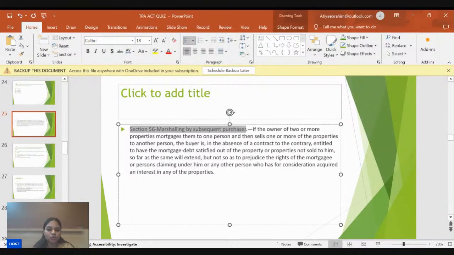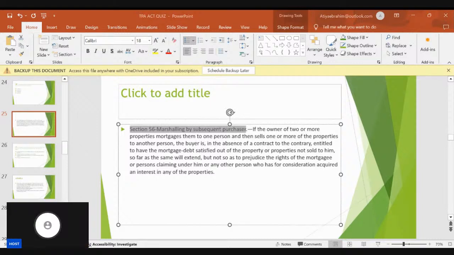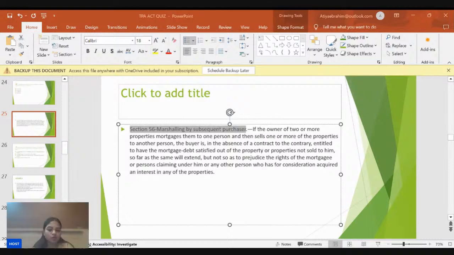Now many students also get confused between marshalling. They don't know which to answer. If the options are all in the 50s, then it is 56. But sometimes the option might also be section 81, right? But that is not for subsequent purchaser, that is for marshalling securities in mortgage.